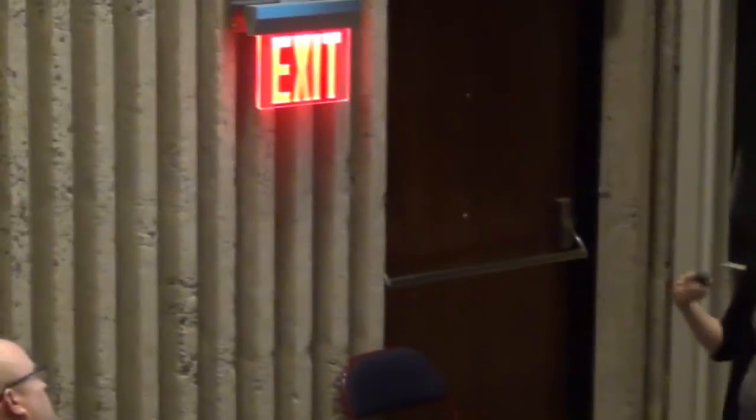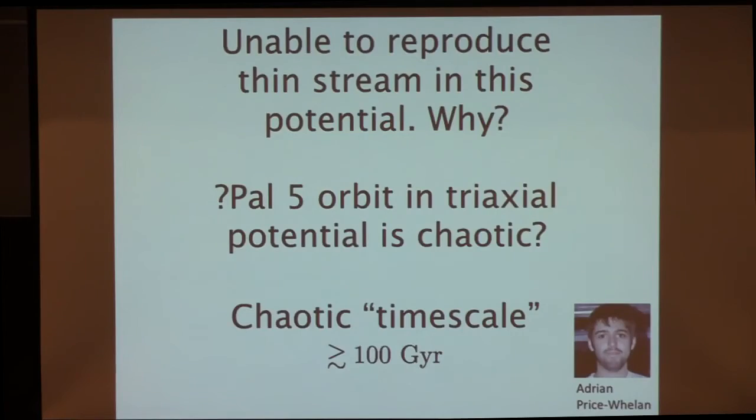And therefore, you would not think that chaos was important for orbits in the halo of the Milky Way. In fact, this argument has been around in the literature for some time, saying that chaos is not important for orbits of stars in the halo of the Milky Way. Yet we were finding that we could not maintain thin streams, and so we thought that was odd.